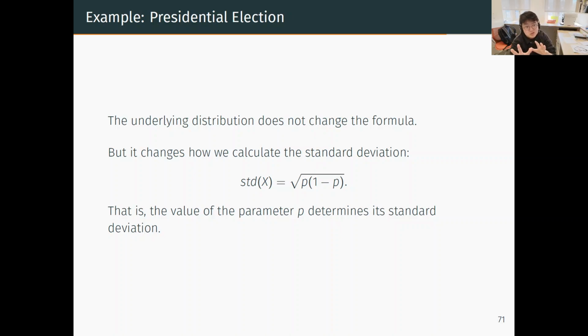If p is determined, then automatically the variance is p times 1 minus p, so the standard deviation is its square root. You have to reflect this formula in your confidence interval. When you calculate a confidence interval, you need the standard deviation, so to calculate that, we are going to use this formula.